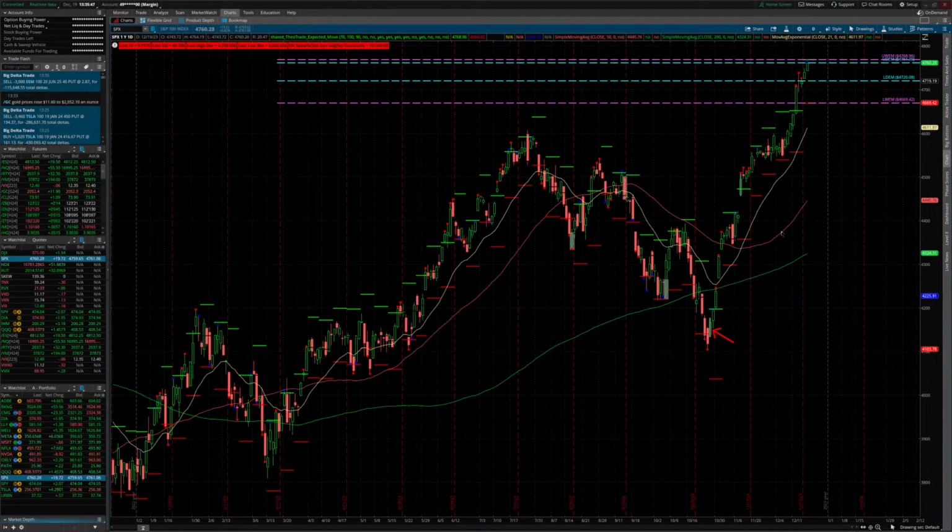Benign CPI reports, and now SPX has rallied since the beginning of November from around 4,100 all the way up to right now 4,760. And the call wall has moved up to 4,800, so that is the next potential target. All right, so very bullish move, great rally in the S&P 500.